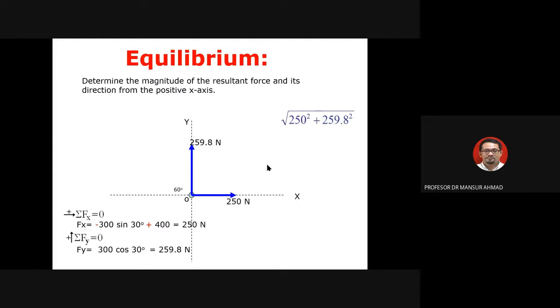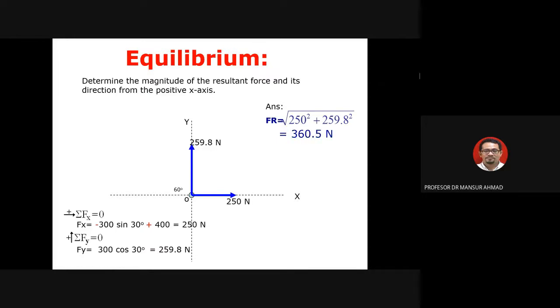Remember, you draw a parallel line to the x-axis, and then you draw a parallel line to the y-axis. So you have this formula here. The resultant force is 360.5 Newton.